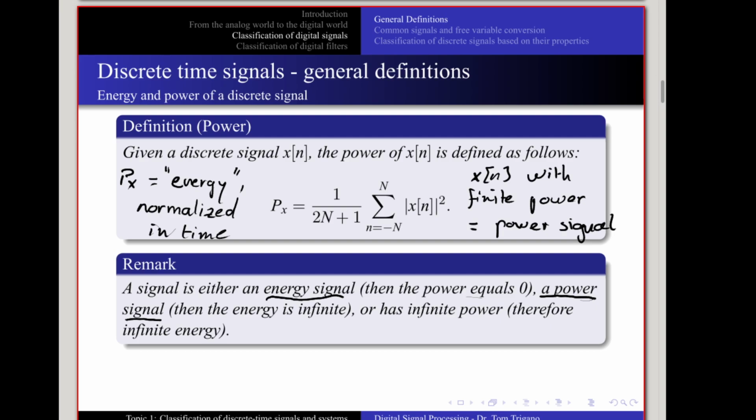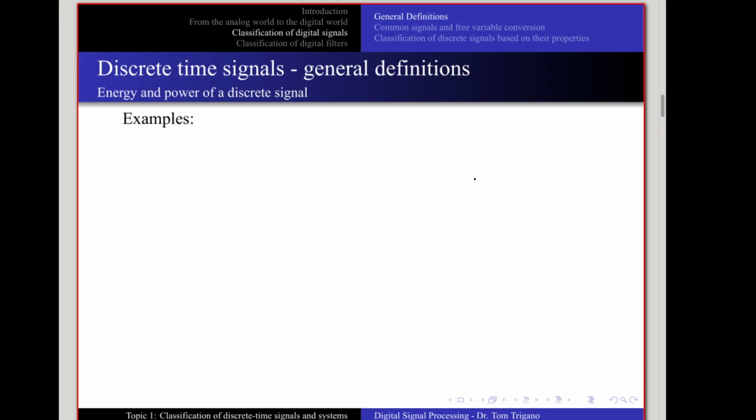As an example of a power signal, we can take the same example as before, the step function.